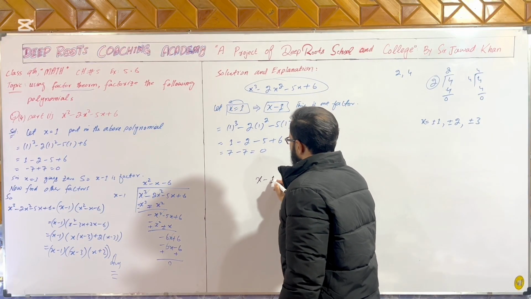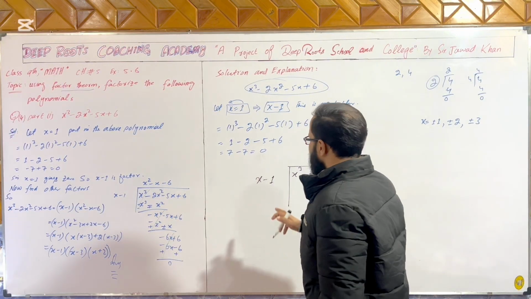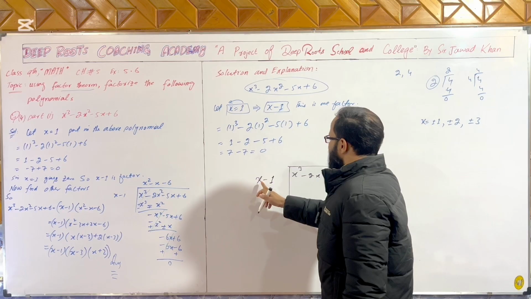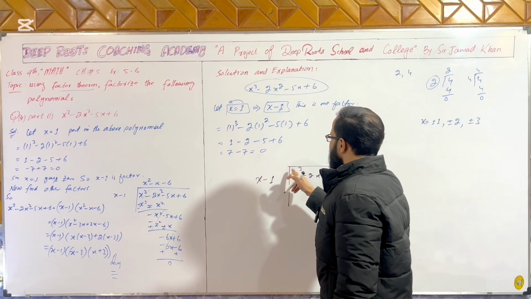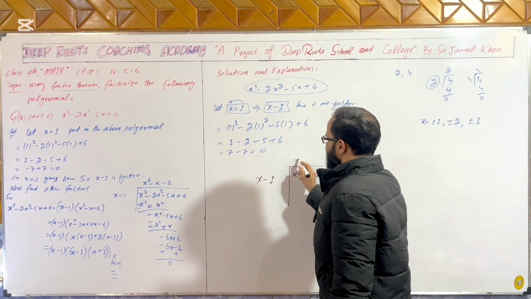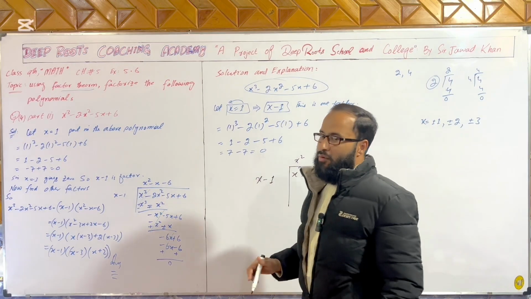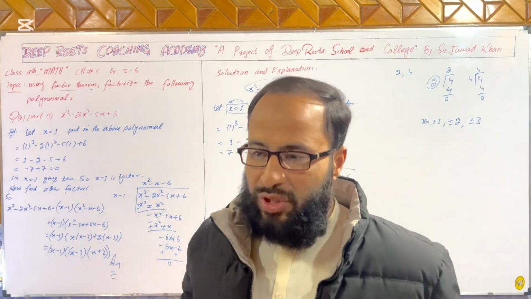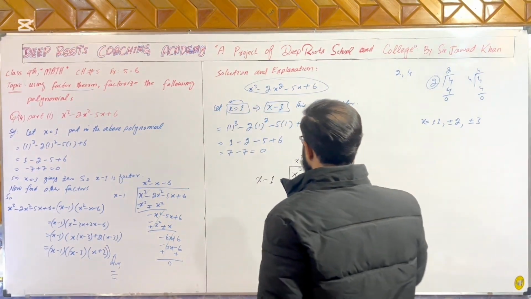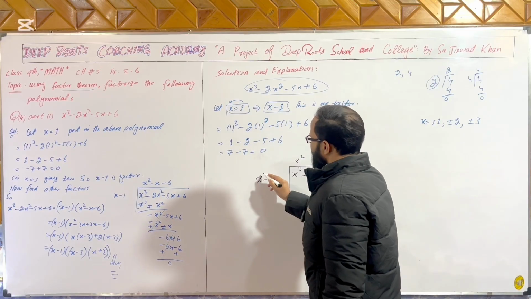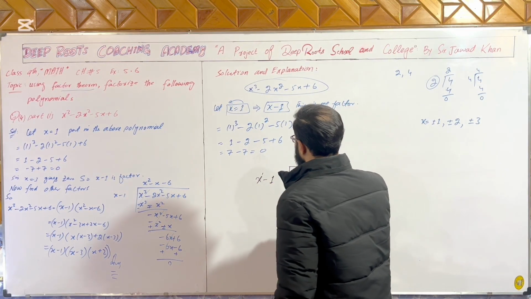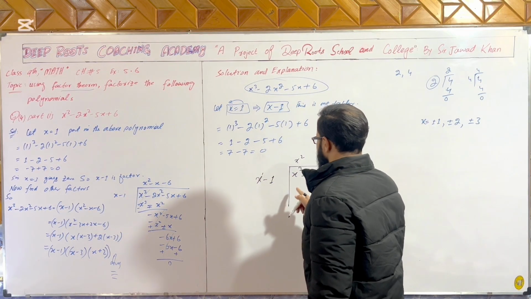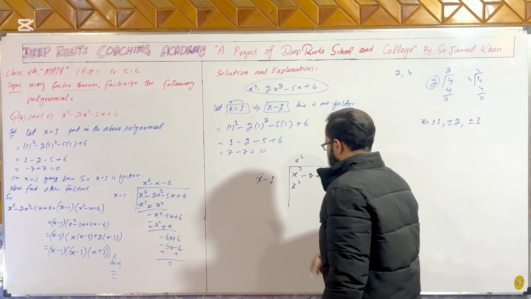So what is the procedure of division? Check that x is multiplied with x square. What kind of two things should I multiply to give us x cube? So x and x square will be multiplied with each other and it will give us x cube.